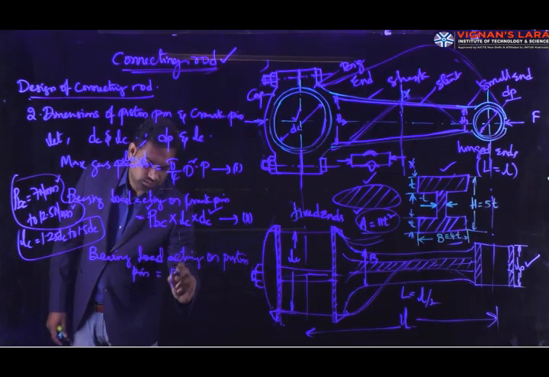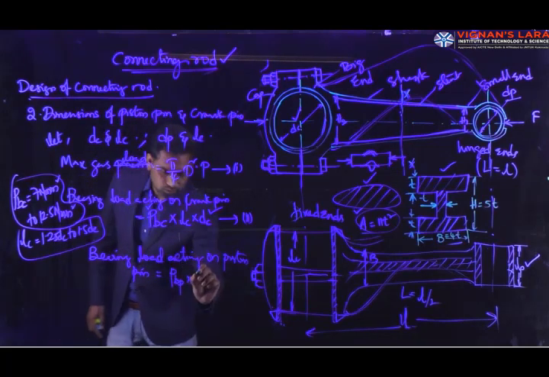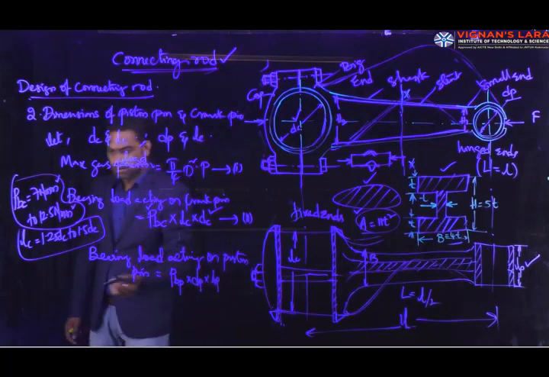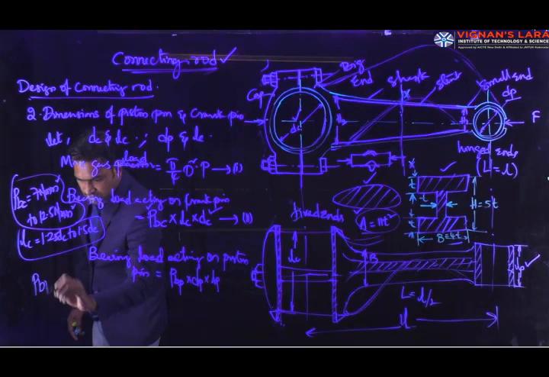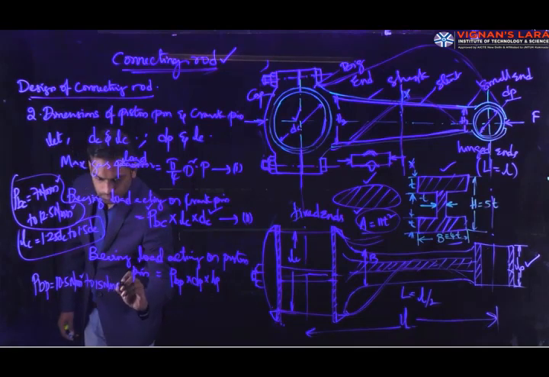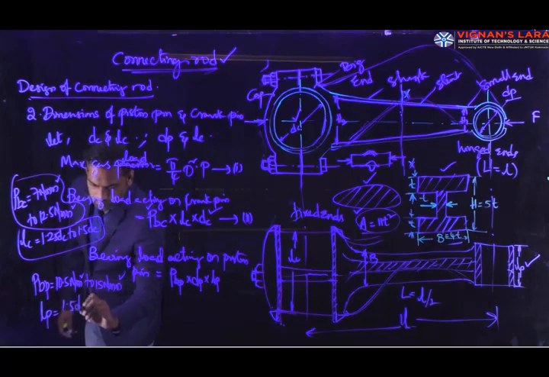Similarly, the bearing load acting on the piston pin is given by the bearing pressure at the piston pin, PBP, into DP into LP. Here again the bearing pressure PBP ranges from 10.5 Newton per mm square to 15 Newton per mm square, and the length of the pin ranges from 1.5 DP to 2 times DP.